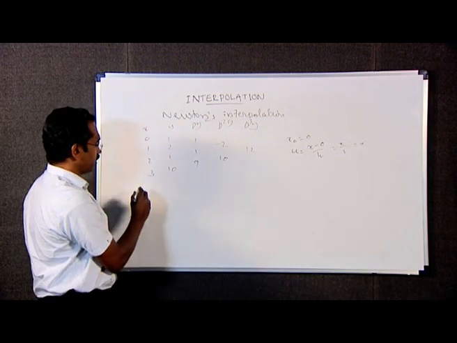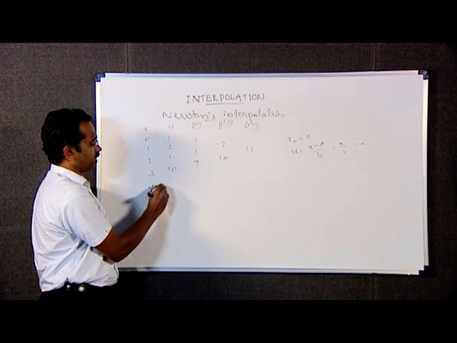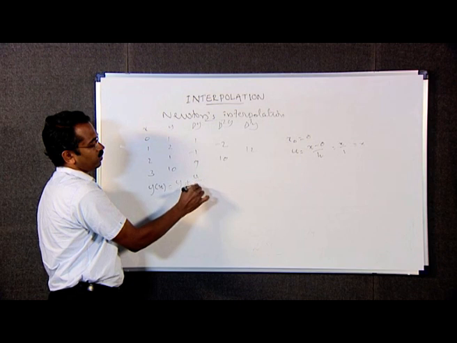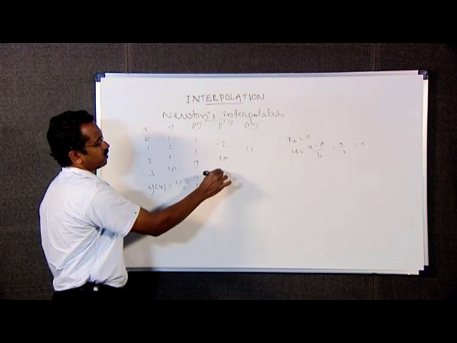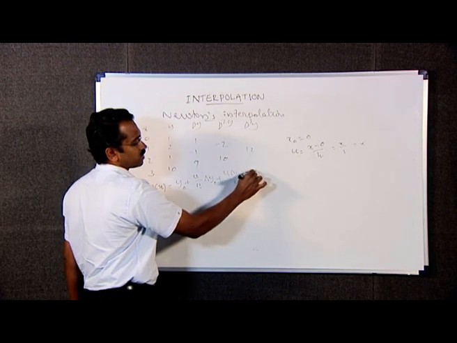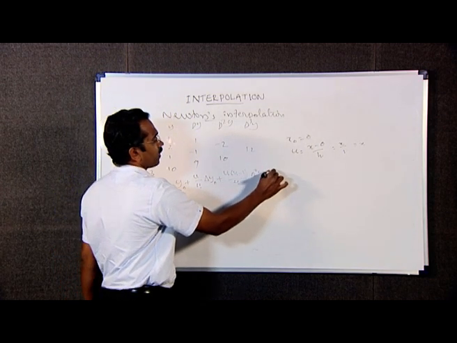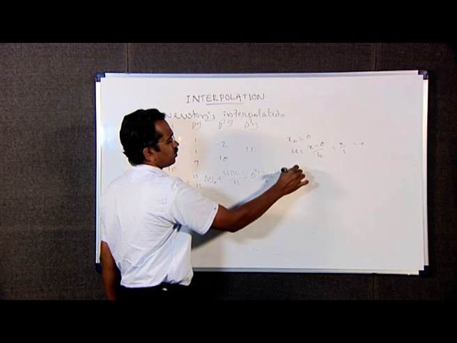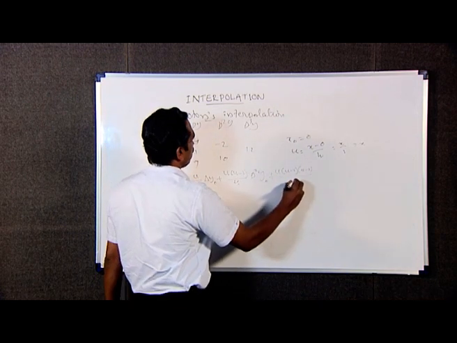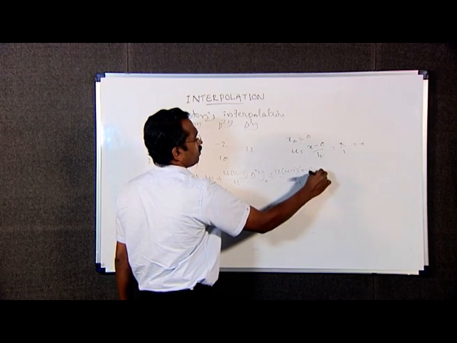Therefore, by Newton's forward interpolation formula, we have y of x equal to y naught plus u by 1 factorial into delta y naught plus u into u minus 1 divided by 2 factorial into delta square y naught plus u into u minus 1 into u minus 2 divided by 3 factorial into delta cube y naught.